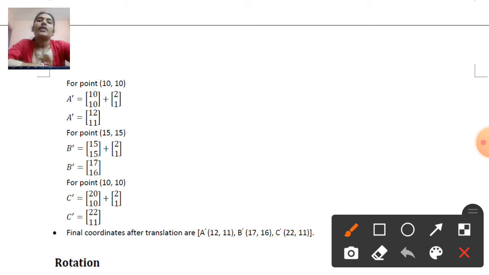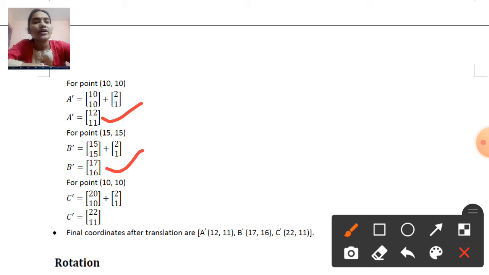When we add these two matrices, A dash is 12 11. This one is your A dash position. Then now we find out the B point. For point 15 15, B dash is 15 15 plus 2 1. Then B dash is 17 16.